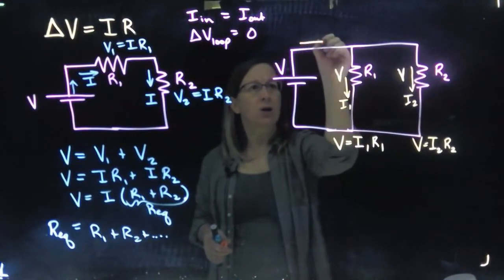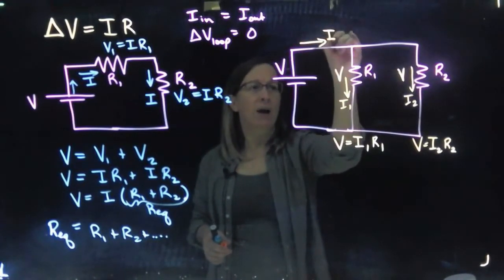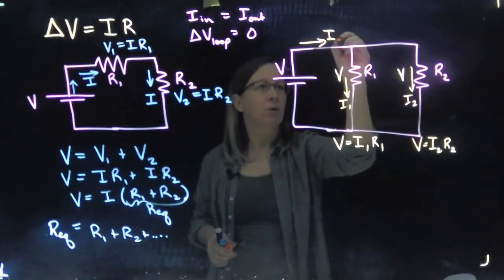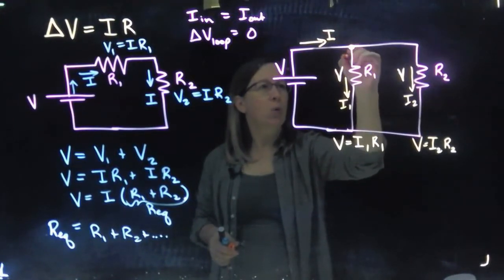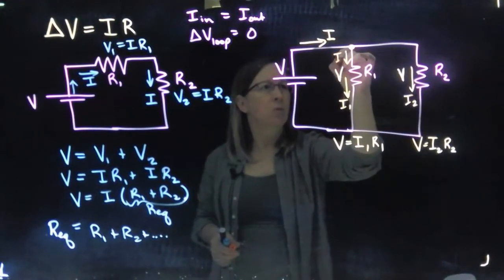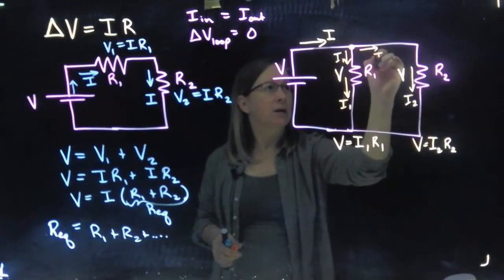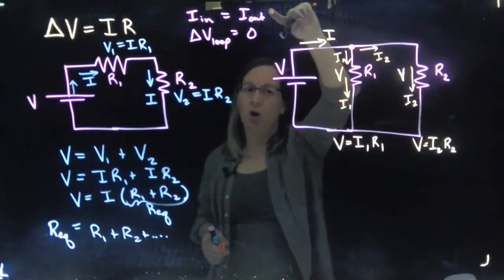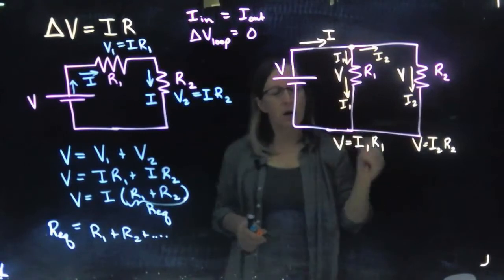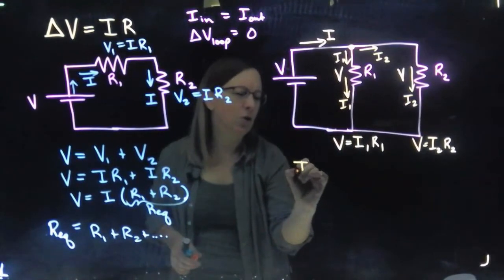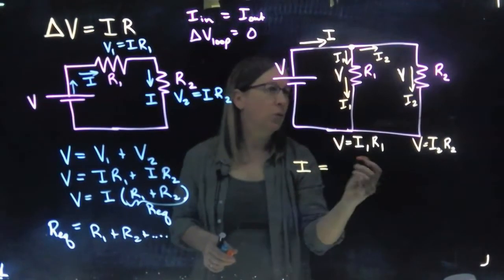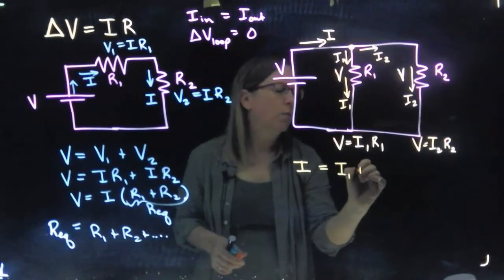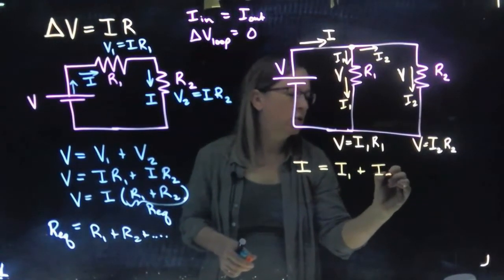Then we can look at the current that comes out of the battery, this total current, if you like, and right at this point, it splits into I1 plus I2. So if we use our current in equals current out, I can say that the total current is equal to I1 plus I2.